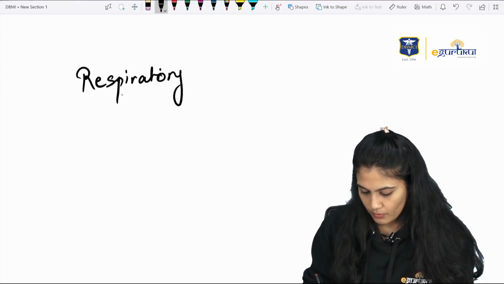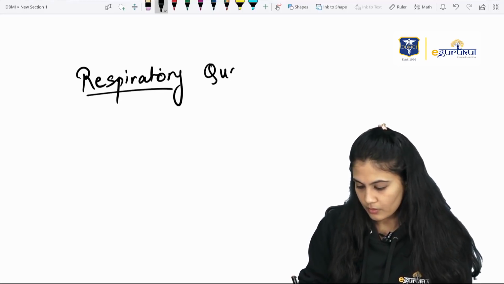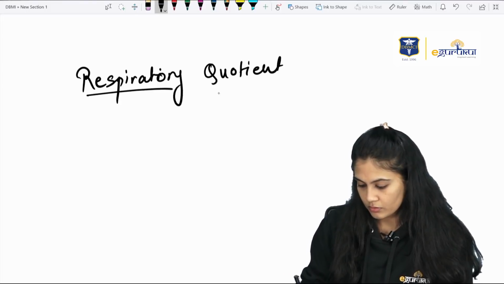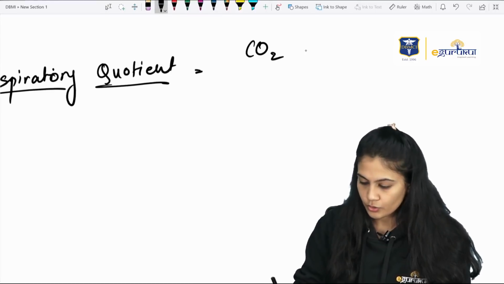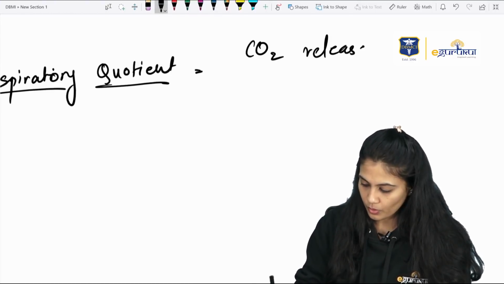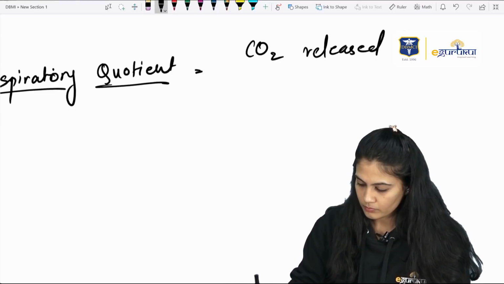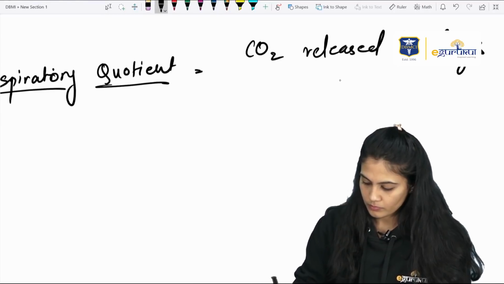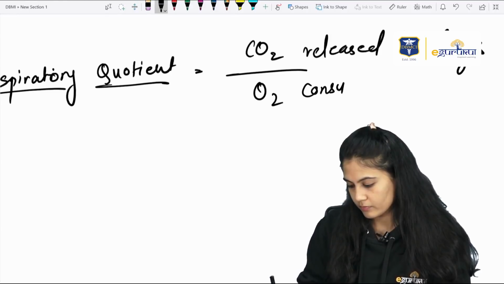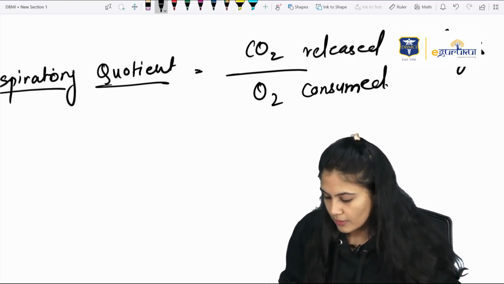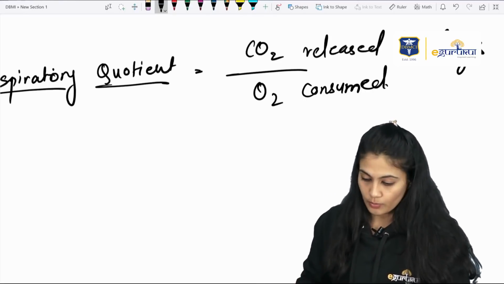What is the formula for respiratory quotient? The formula is CO2 released from the lung upon oxygen consumed by the body. So you can write CO2 released upon oxygen consumed by the body.